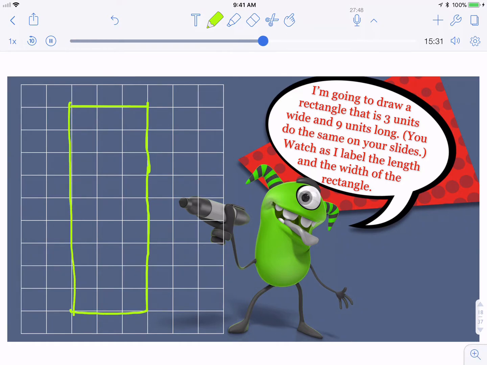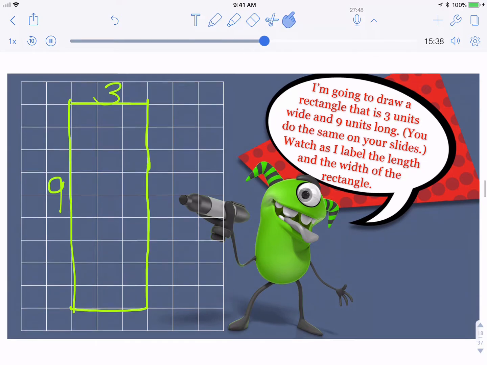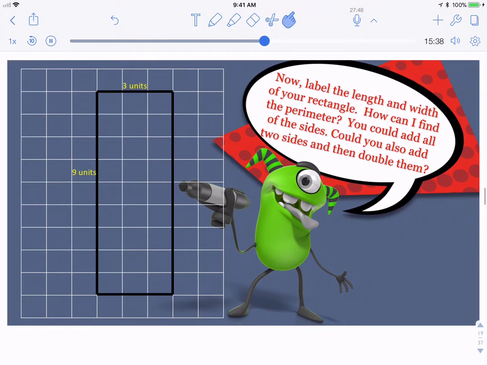How can I find the perimeter? You could add all the sides. Could you also add 2 sides and then double them? So in other words, could I say 9 plus 3 is 12, 12 times 2 is 24?